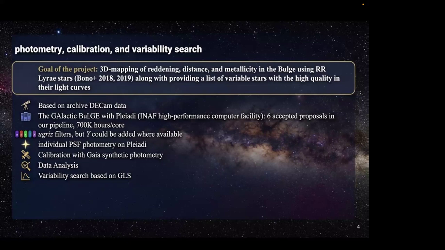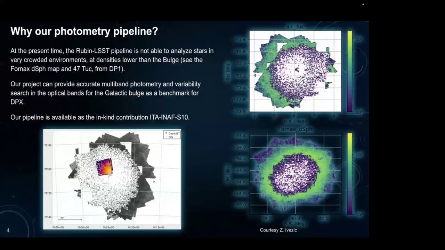Up to now, 6 proposals to use ReLaIDs have been accepted, and recently the 7th one was also accepted. We calibrated our photometric catalog using Gaia synthetic photometry, and then we started to analyze the data and look for variables using the generalized Lomb-Scargle.